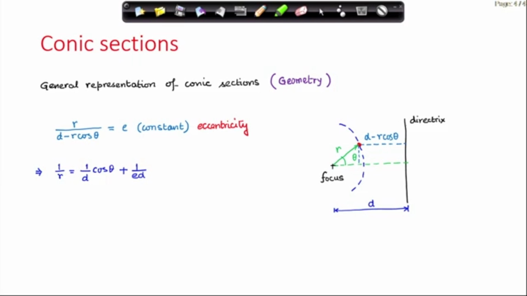So, this is the equation of a conic section. From here you can find all these shapes like parabola, hyperbola, ellipse, and of course, the circle.